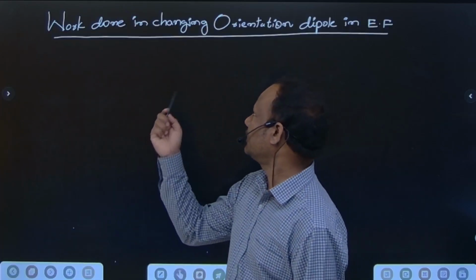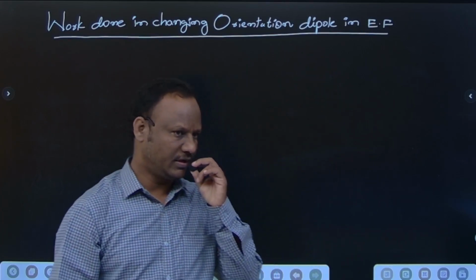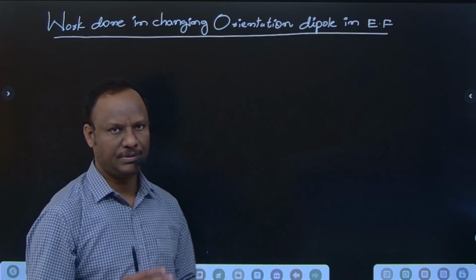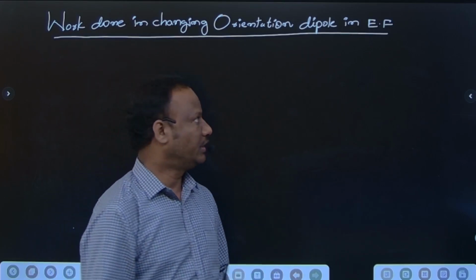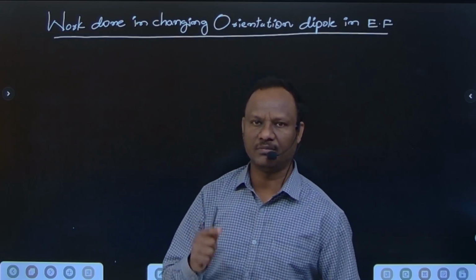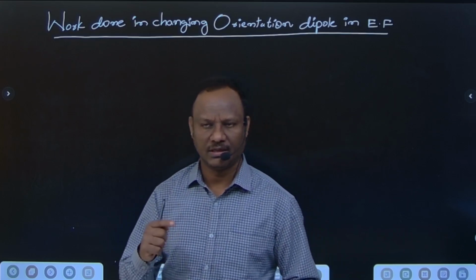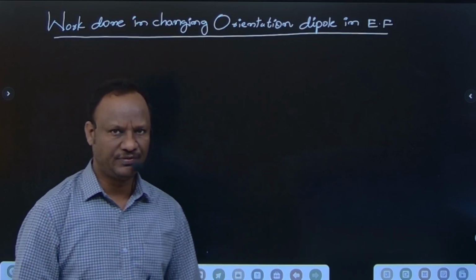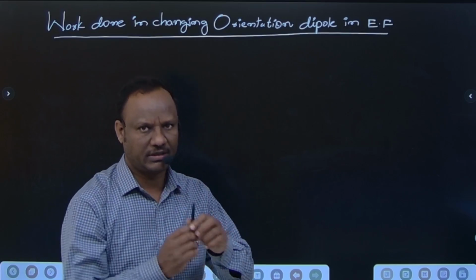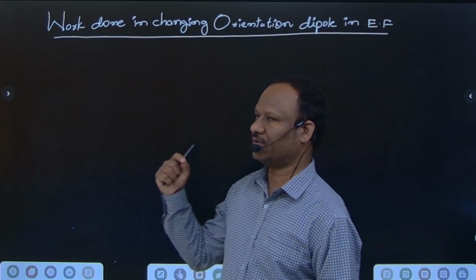Next, work done in changing the orientation of a dipole in an electric field. Imagine that an electric dipole is suspended or pivoted on a screw in a uniform electric field. Theta 1 is the angle made by the electric dipole with the field, and theta 2 is the angle made by the electric dipole with the field. To rotate from theta 1 to theta 2, to change the angle, what is the external work done?